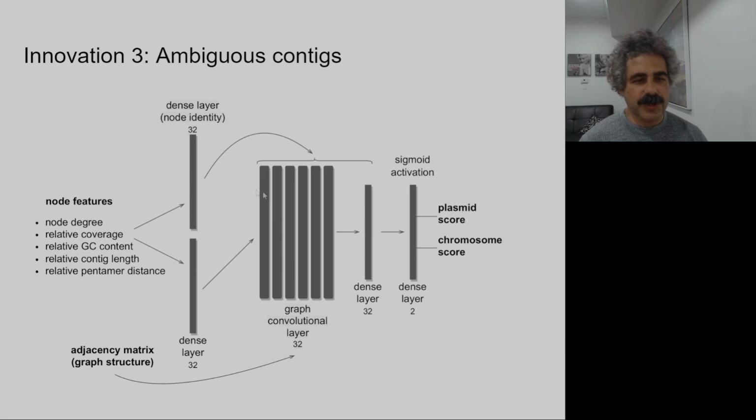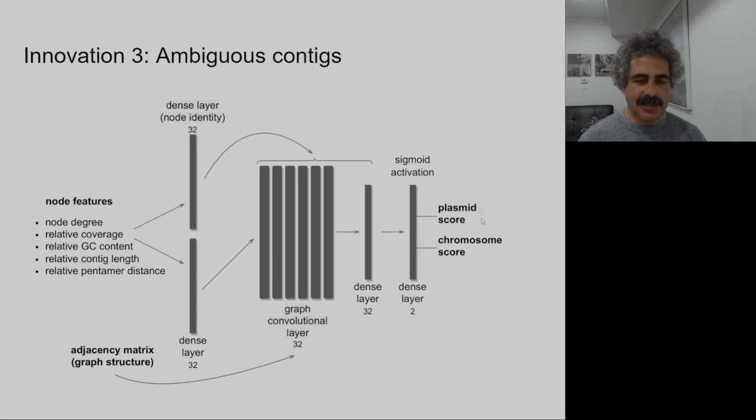The third innovation is our treatment of so-called ambiguous contigs. Those are contigs that are shared between both core genomes and plasmids. On this figure, you can see the overall structure of our neural network. You can see that we have two different outputs, one corresponding to plasmid score, one corresponding to chromosome score.